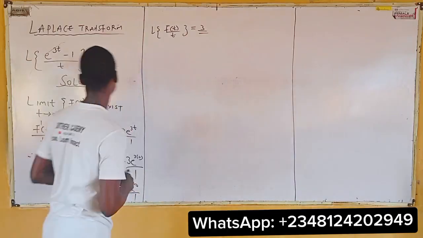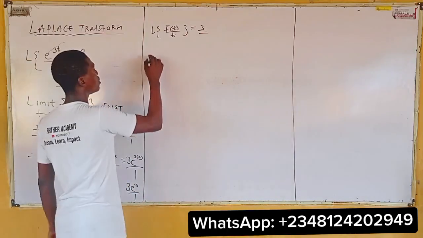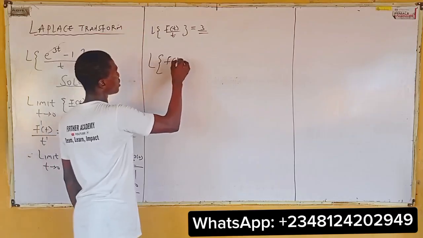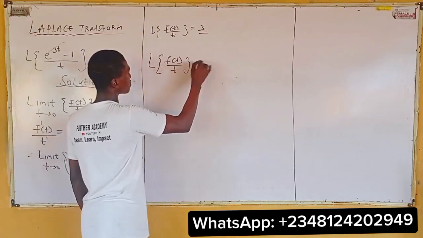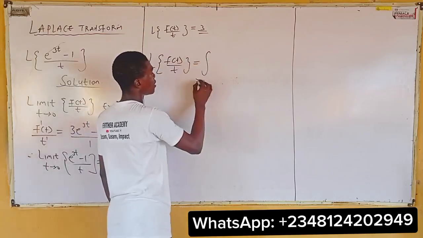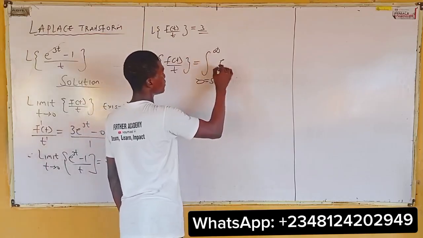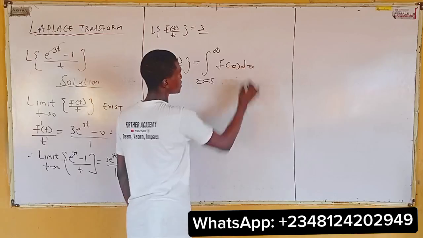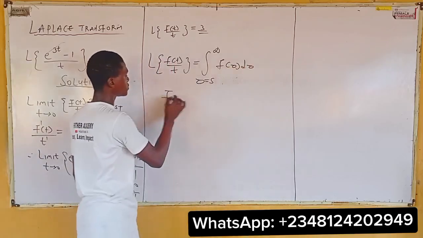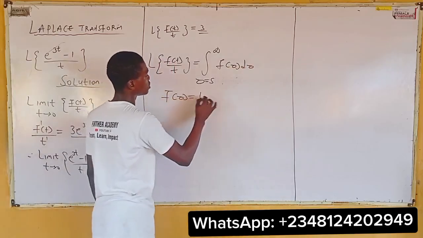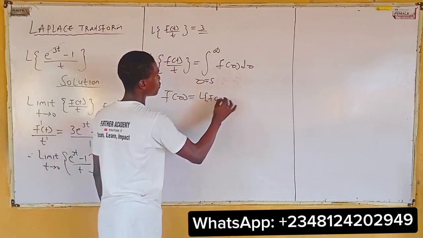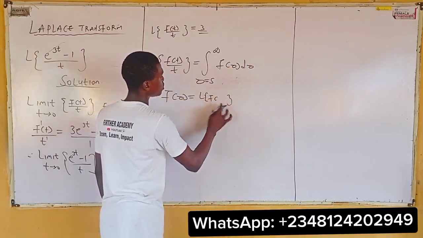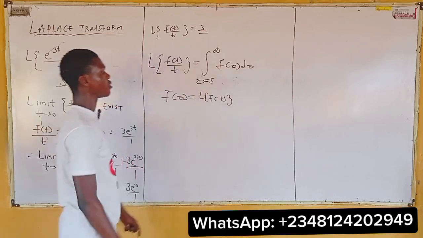So this is your step 1. Step 2 says that, recall, the Laplace transform of f of t over t equals the integral from sigma equals x to infinity of F of sigma d sigma, where F of sigma is the Laplace transform of f of t.